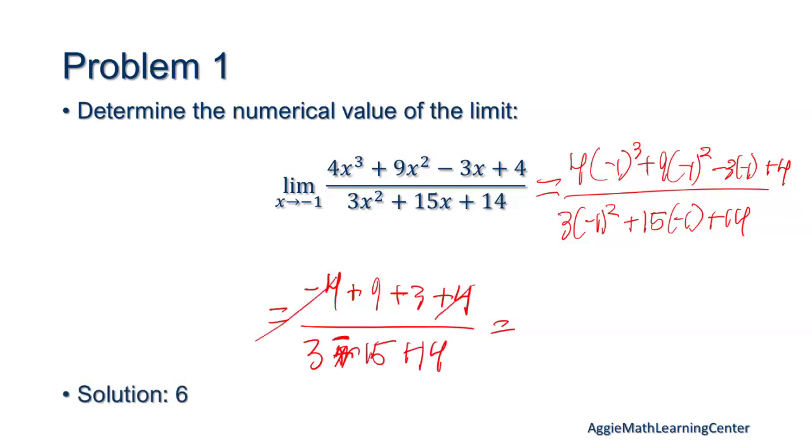Spoiler alert: that's 12 over -1 plus 3, which is over 2, which is 6. Any questions on that? Awesome.